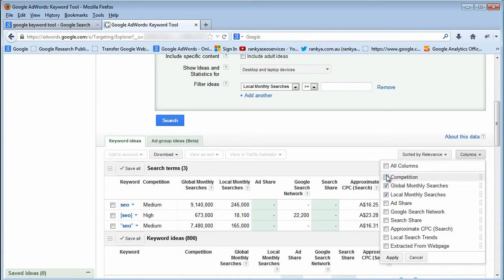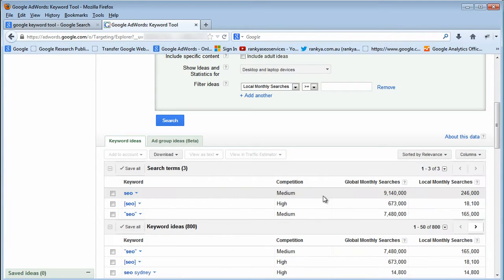What that means is, this tool is going to give you competition, meaning ideas as to, for this keyword, whether it's medium competition or high competition or low competition. For your organic rankings and for your keyword list building, you don't really have to worry about that.